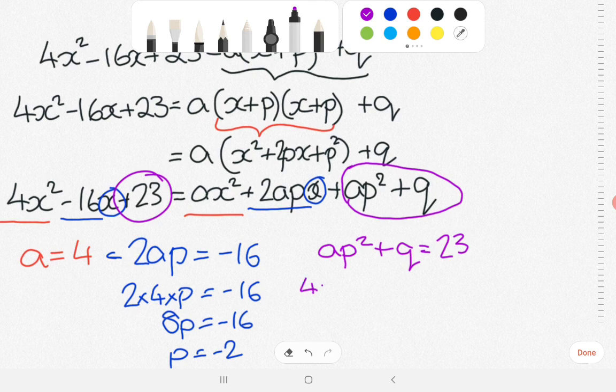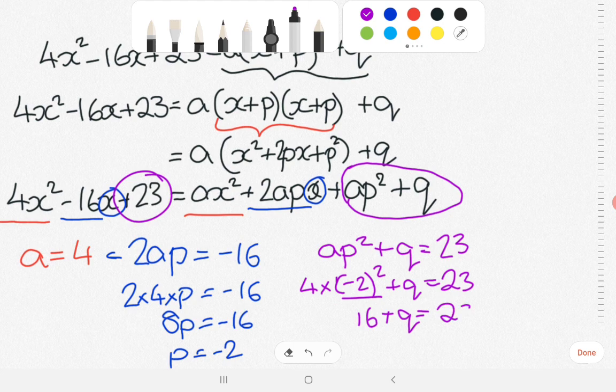So we've got 4 times negative 2 squared plus q is 23. Negative 2 squared is 4. 4 fours are 16. So 16 plus q is 23. 23 take away 16 means that q is going to be 7.